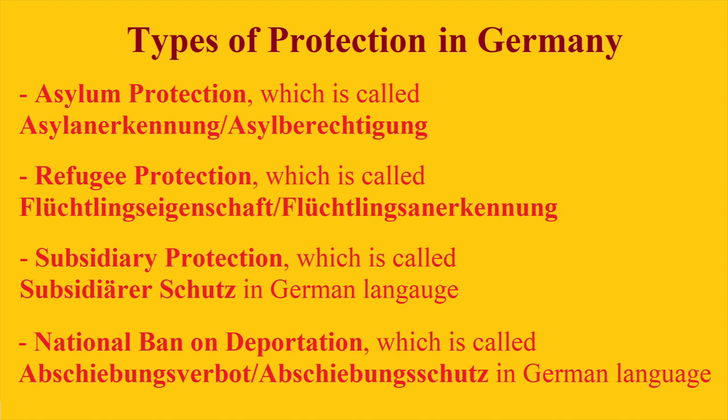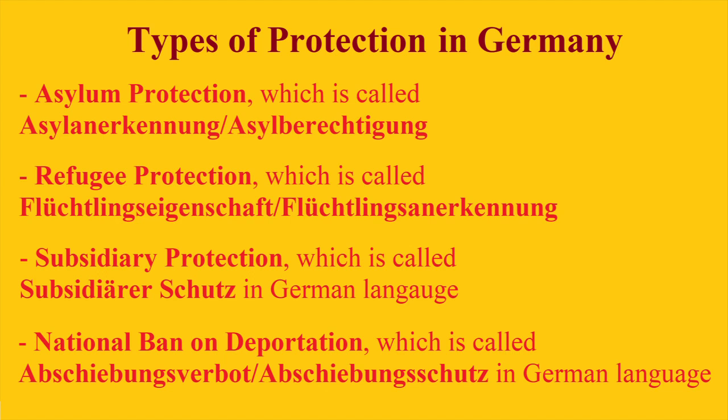This protection can be an asylum protection, which is called Asylanerkennung or Asylberechtigung, or a refugee protection, which is called Flüchtlingseigenschaft or Flüchtlingsanerkennung, a subsidiary protection, which is called Subsidiärer Schutz in German, or you may get a national ban on deportation, which is called Abschiebungsverbot or Abschiebungsschutz in German.